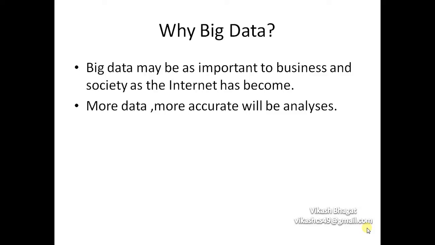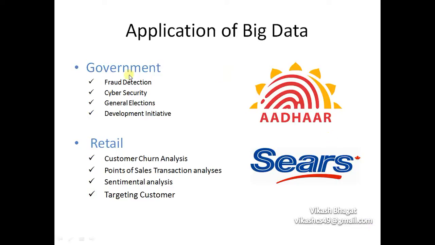The same is the case with the healthcare sector. If the medical expert team gets the medical history of 30 to 40 years, it would be easier for them to produce better results for diseases. And the same is the case with the government sector. For government, big data is helpful in fraud detection, cyber security, general elections, and development initiatives.